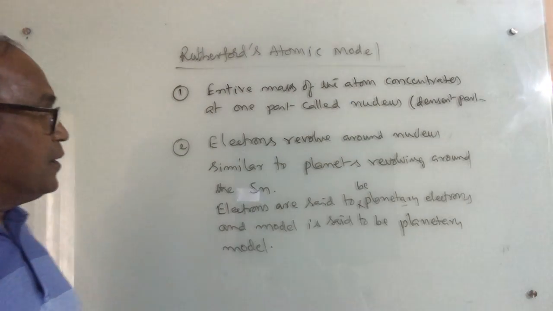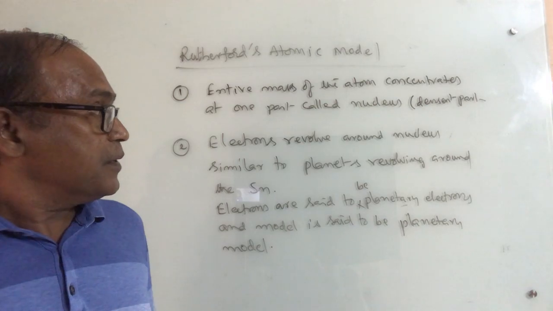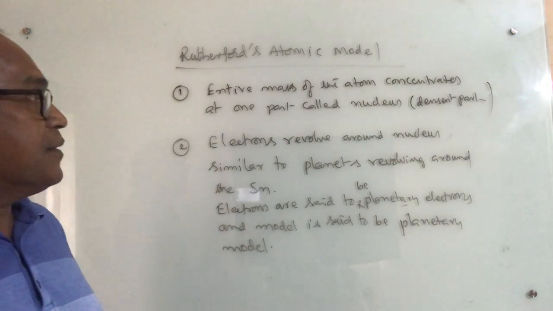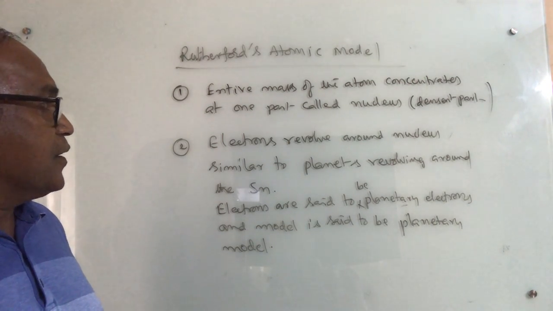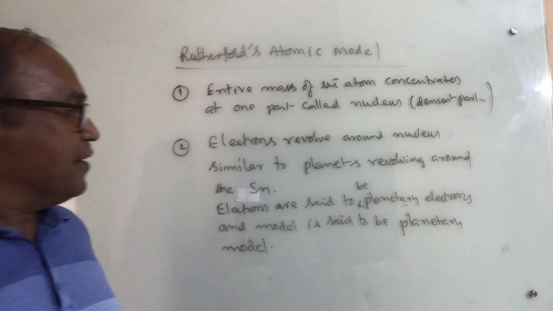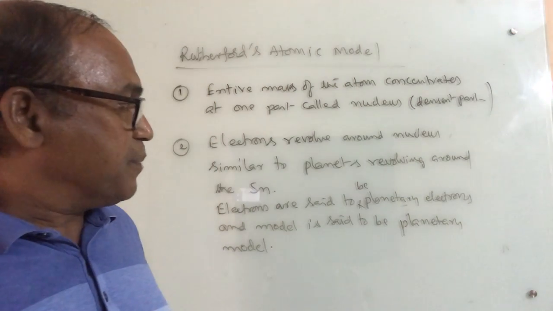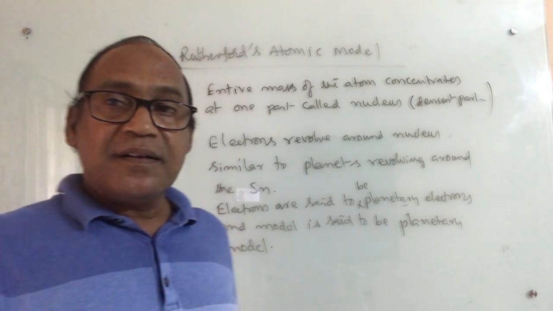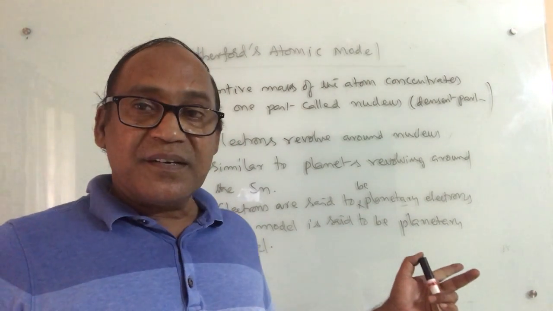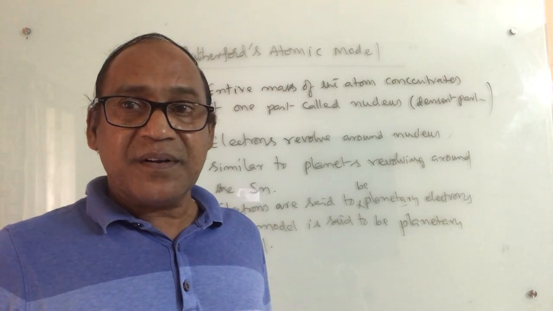So these are the postulates. We can appreciate the discovery of the nucleus, but the revolving nature of electrons is not explained, and the comparison with the planetary system itself is wrong. Planets are non-charged bodies. Here electrons and protons are charged bodies. How can we compare? Comparison itself is wrong.